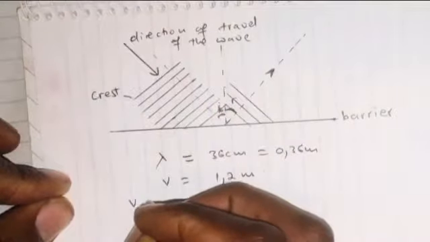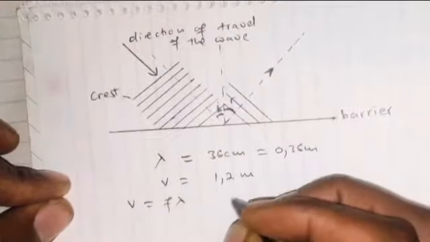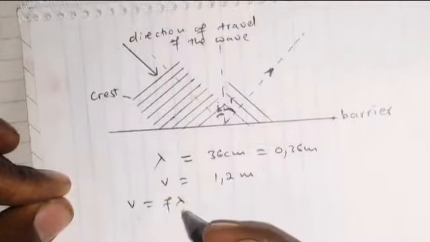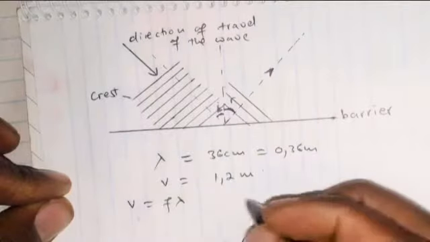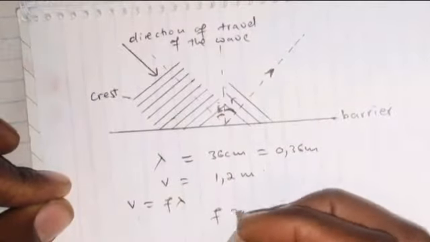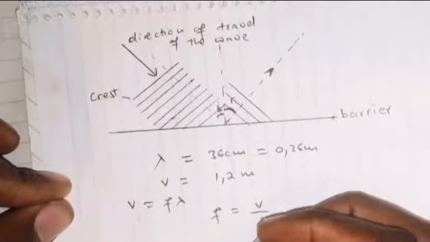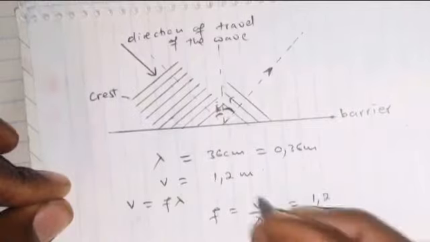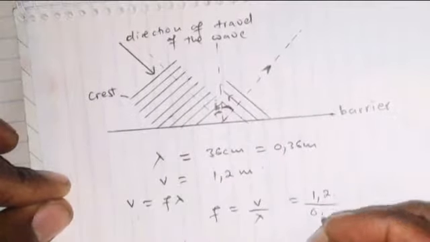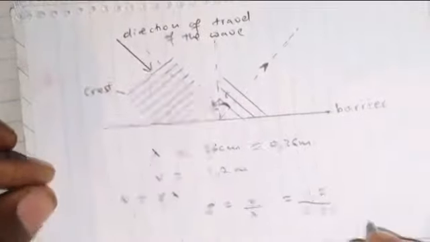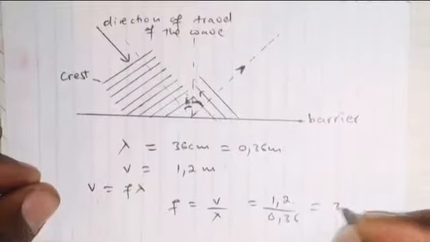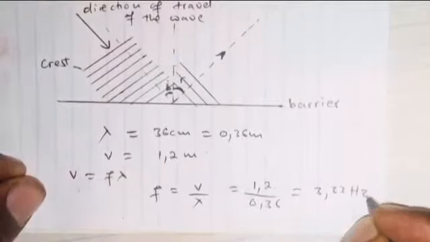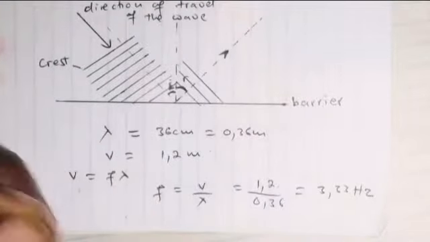So using v equals f lambda, calculating for the frequency, f is equal to v over lambda, which is equal to 1.2 over 0.36, and this gives me 3.33 hertz, because frequency is measured in hertz. That's it.